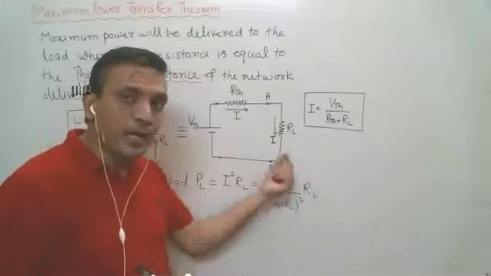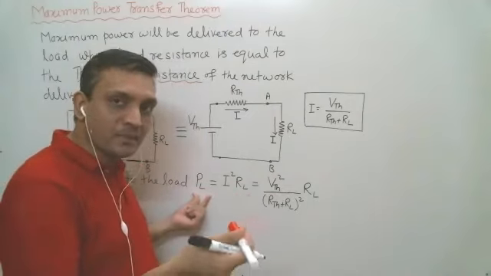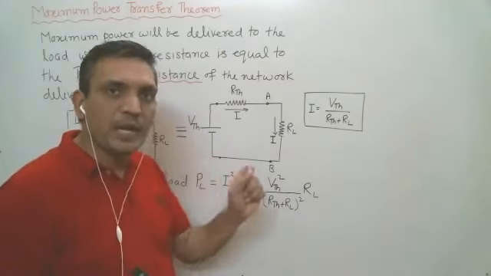Now you have to find at what value of RL this power delivered to the load is maximum. So you can use the maxima minima condition. You know how to find maxima and minima.